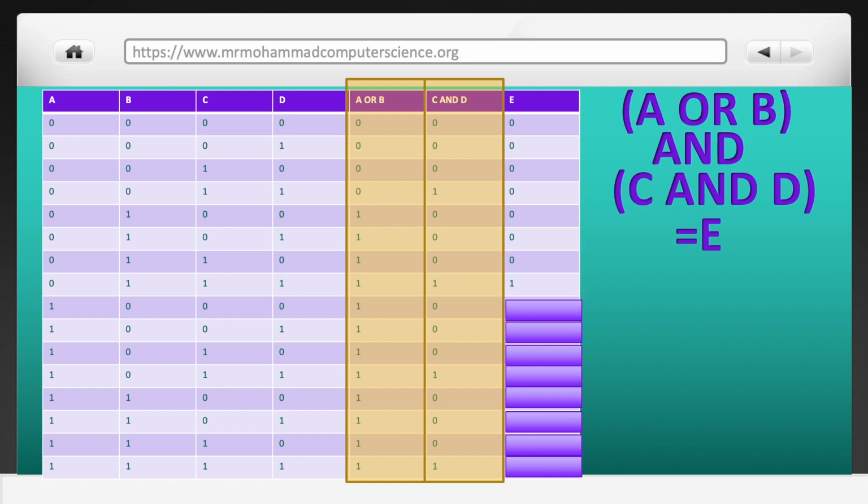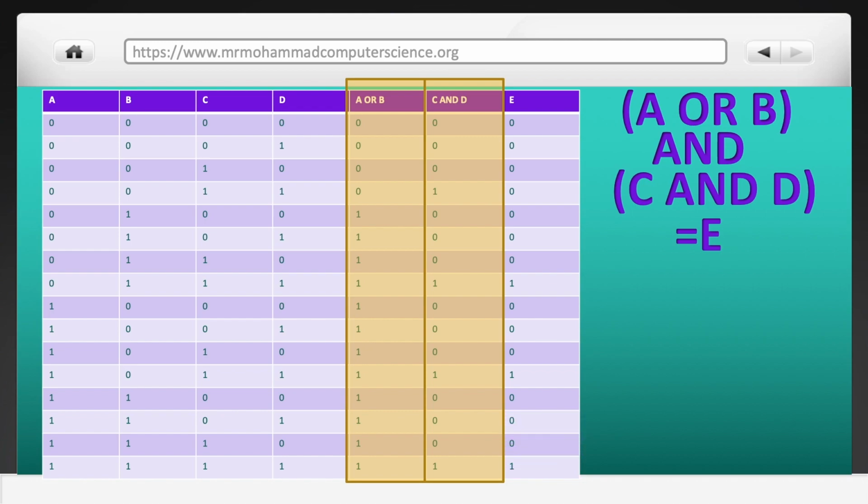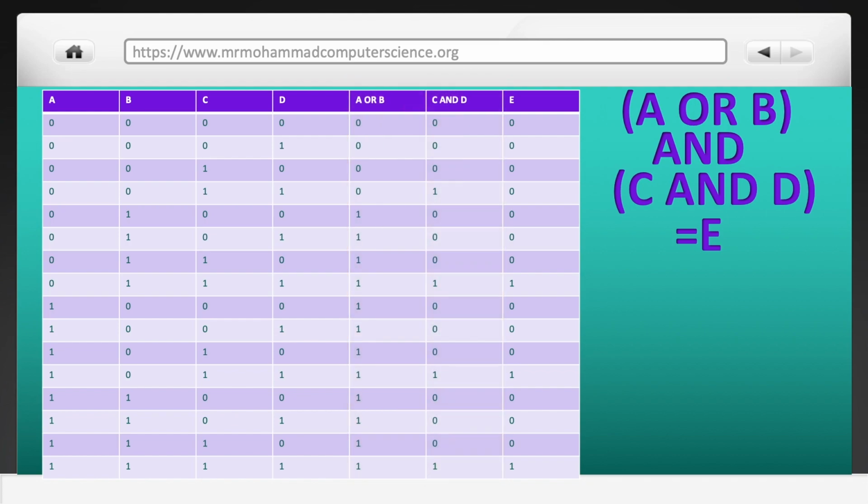We have two ones, so we get a 1. There's a 0, there's a 0, there's a 0. We've got two ones again, so we have 1. There's a 0, another 0, another 0. And finally, two ones, so we get a 1. And that's it. That is how you do a truth table for one of these formulas.